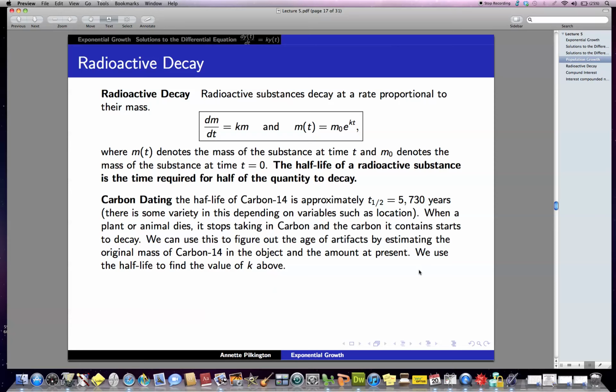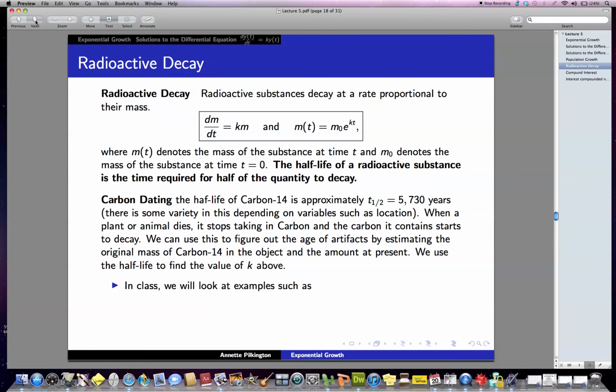And then, since one knows the half-life, one can work backwards to figure out the value of k, and this tells us that the amount of carbon-14 in the object after t years is m of t equals m0 times e to the kt. And we can then measure how much carbon-14 is in the object at present and compare that to the amount that was there initially, and that allows us to figure out this value of t.